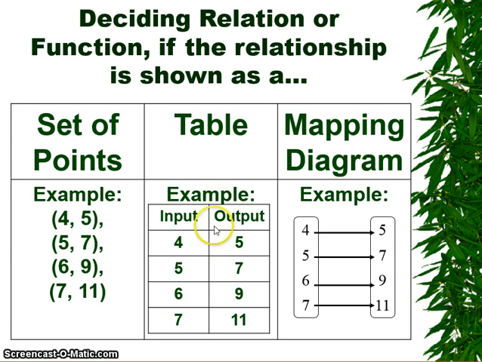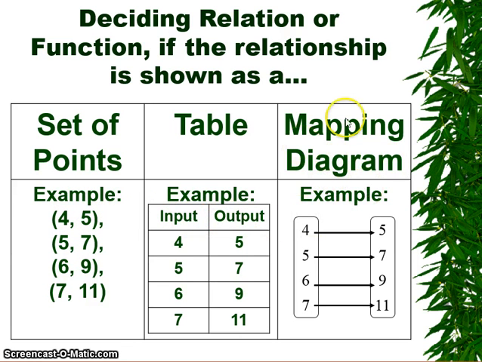A table can organize the same ordered pairs. However, it is organized in a two-column or two-row table where one represents the input and one represents the output. You can at times see this as saying X or Y because we know that X's are the inputs and Y's are the outputs.